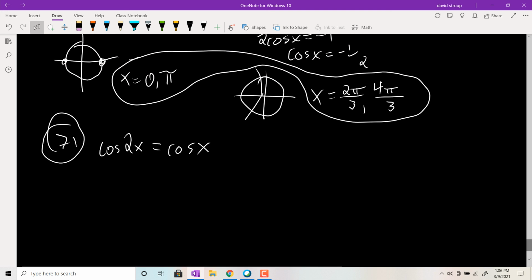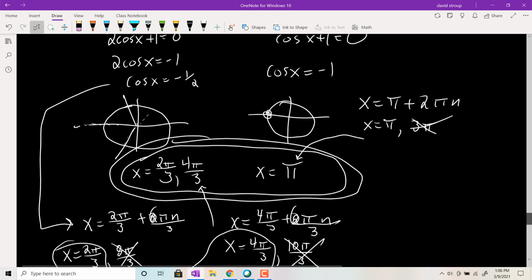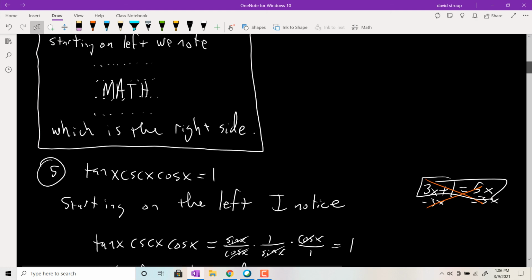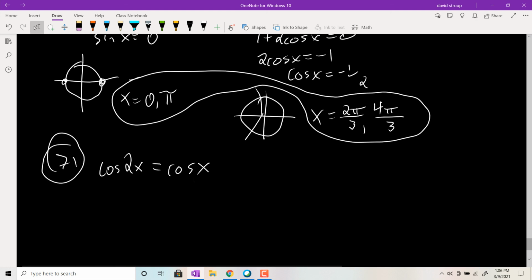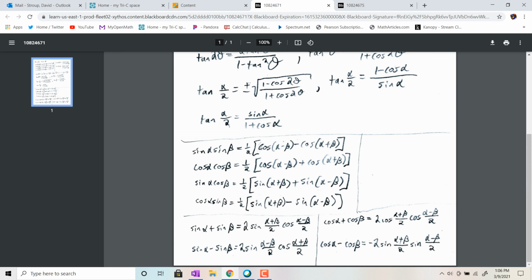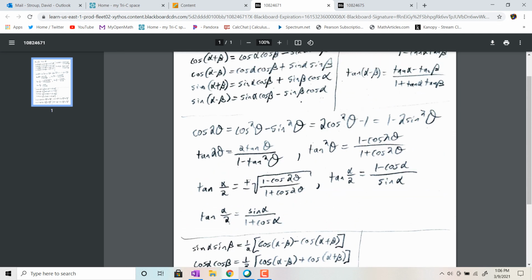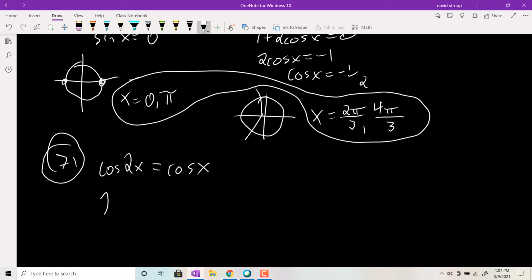So I'm hoping to get everything in terms of just x and in one function. So if you go back to our formula sheet, I think it's online, look at cosine 2 theta. It can be cosine squared minus sine squared, but I'm not going to like that identity because then not everything's in terms of cosines. So I go to the next one, 2 cosine squared minus 1. That works. Okay, so I'm going to replace cosine 2x with 2 cosine squared x minus 1 equals cosine x.